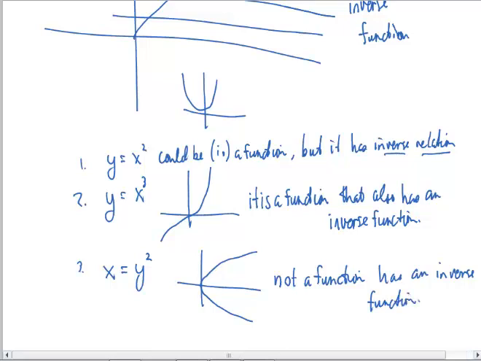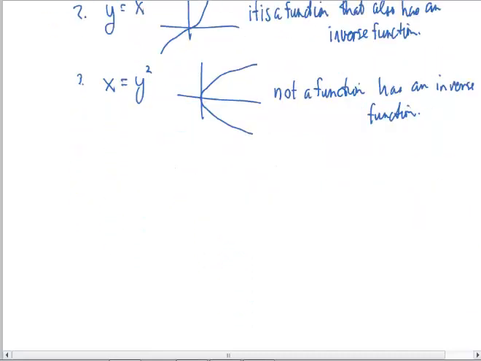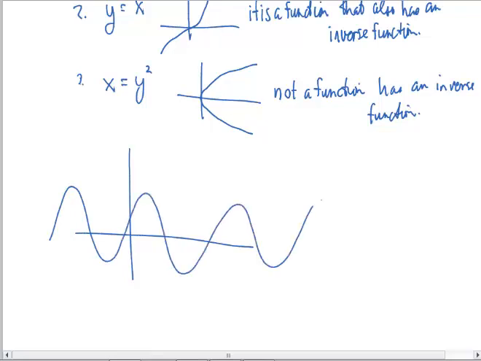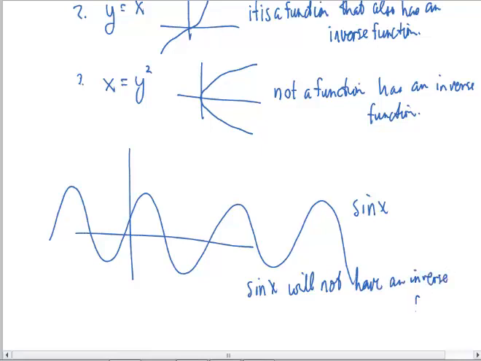So there are a few different scenarios, but the big time saver for you guys is going to be when you're looking at a function. Let's say you're looking at sine of x. You can look at sine of x in its full domain, and you can clearly say that sine of x, as it's drawn here with the domain that it has, will not have an inverse function, because of failure of the horizontal line test.